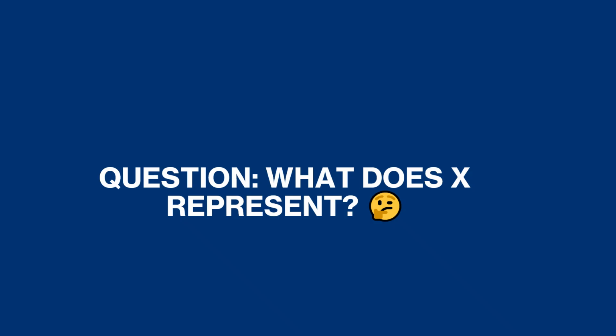What does X represent? I know you are thinking about it. Pause and give your answer in the comment section. But what we want to tell you is that the unknown, which is X, is called a variable.